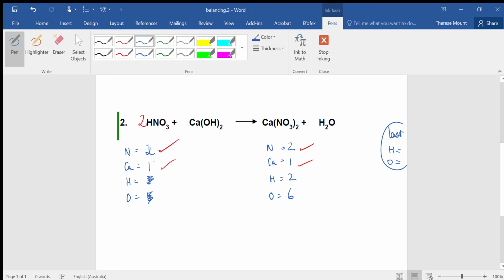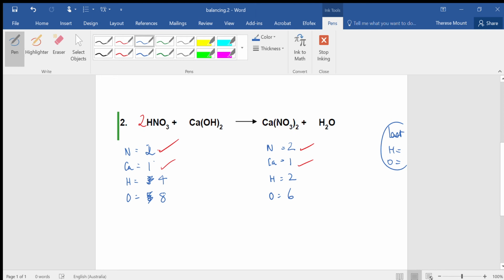Hydrogen, I've got 2 plus another 2, so 4. And oxygen, I've got 2 lots of 3, so 6 plus 2, which is 8. Still got 2 on this side because I haven't put in any numbers, and I've still got 6 on this side.